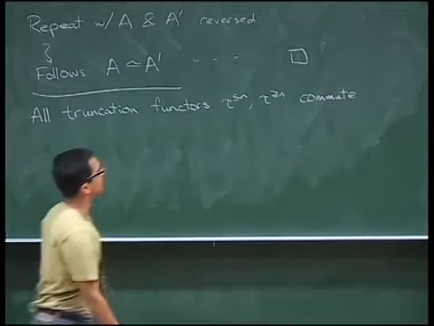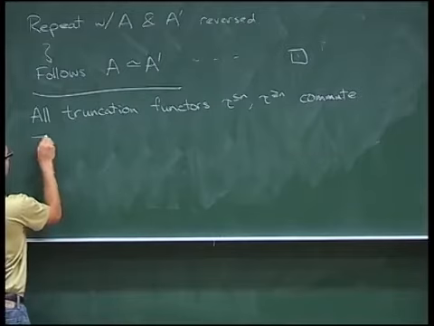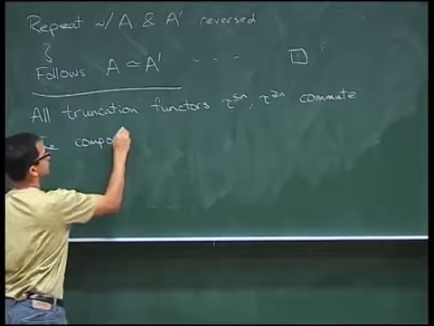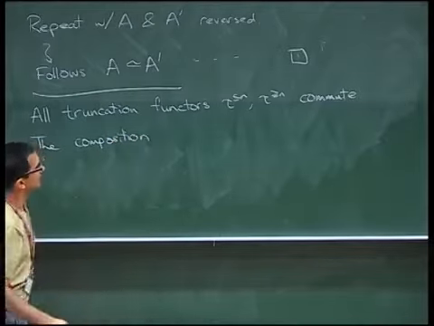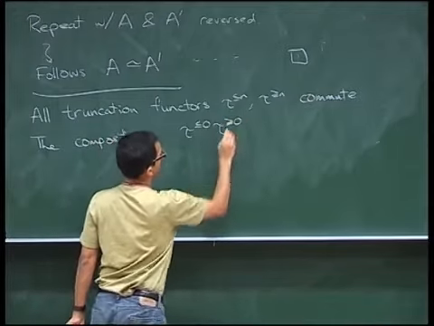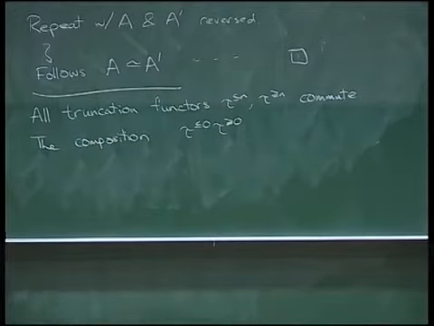And then there's a specific pair of these which has special meaning, and that's the composition tau less than or equal to 0, tau greater than or equal to 0.